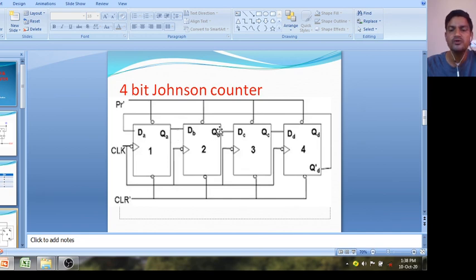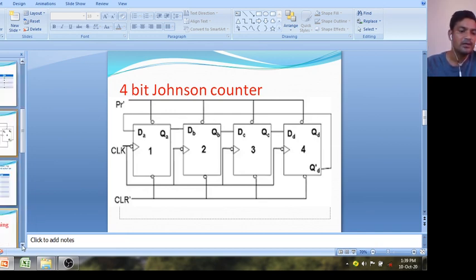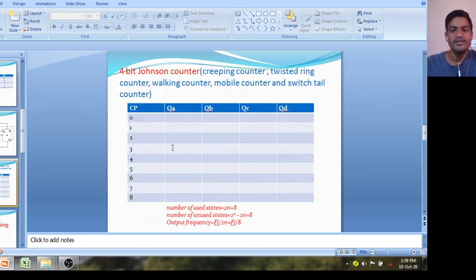QA is 0, QB is 0, QC is 0 and QD is 0 because the clear bar value is 0. I am taking clear bar 0 and PR bar 1. Okay, PR bar is not working, clear bar is working. Why? Because it is an active low signal. Okay, I am using negative edge triggering. So there is a bubble, so when its value is 0 it will work. Okay, now draw the table. Initially what is the value?